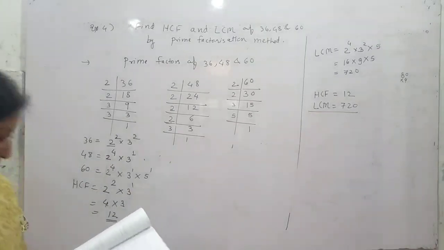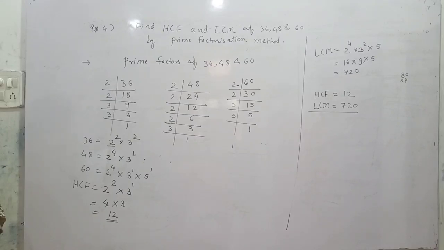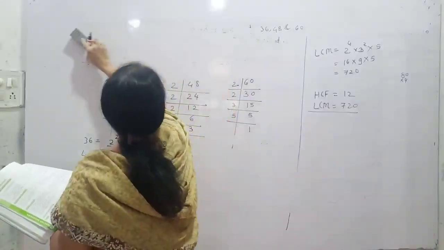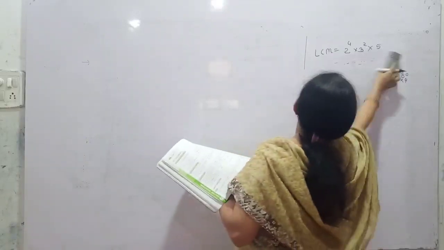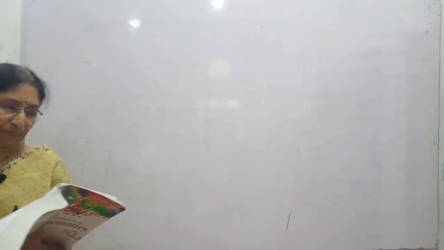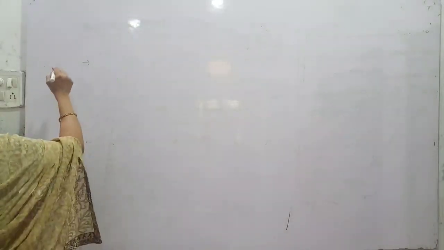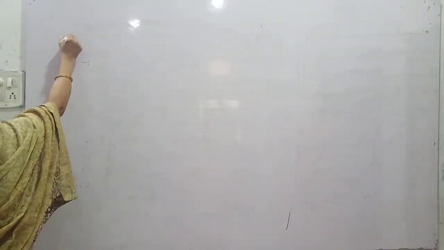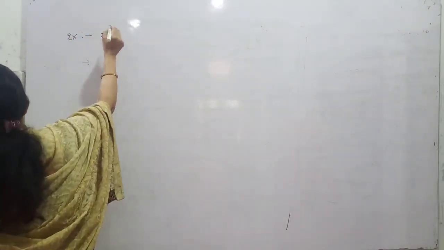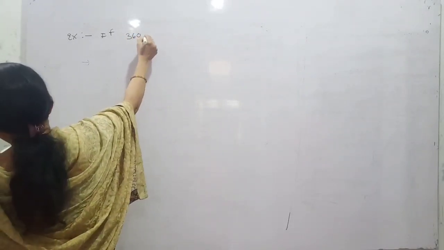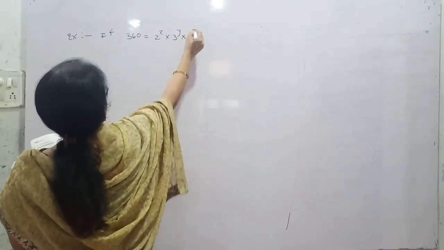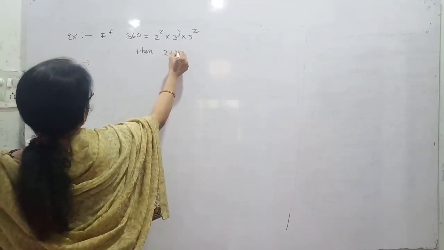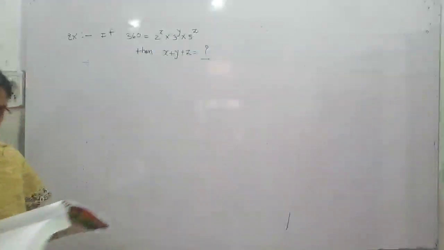Next, if 360 is equal to 2 raised to x multiplied by 3 raised to y multiplied by 5 raised to z, then x plus y plus z is equal to what?